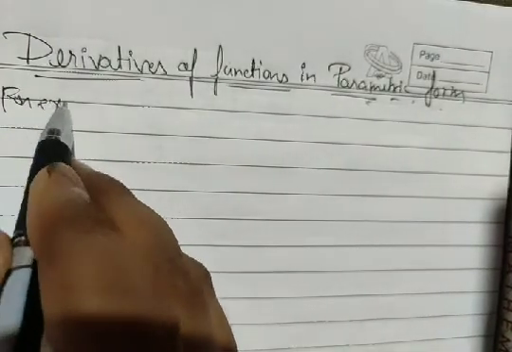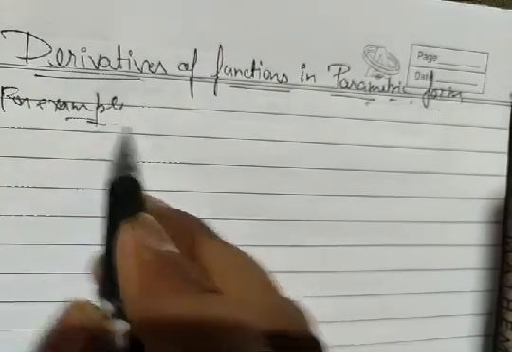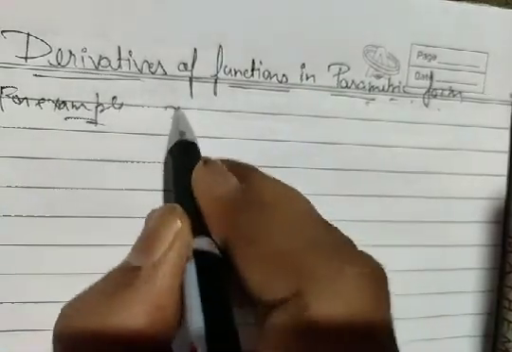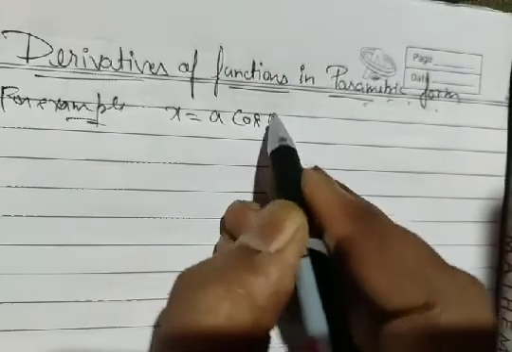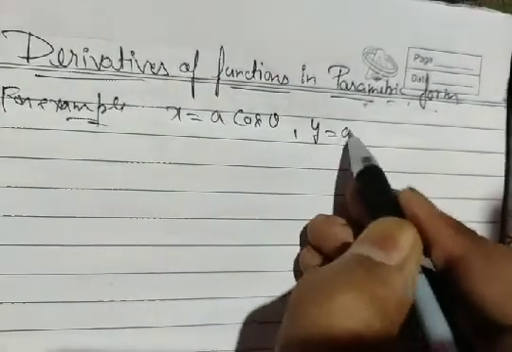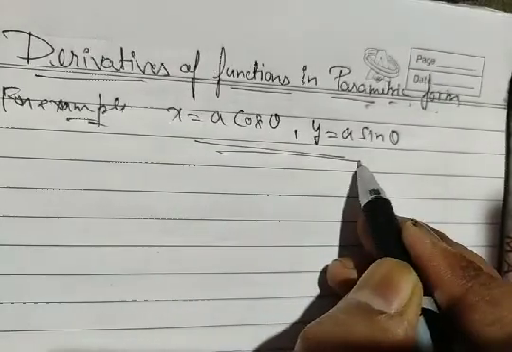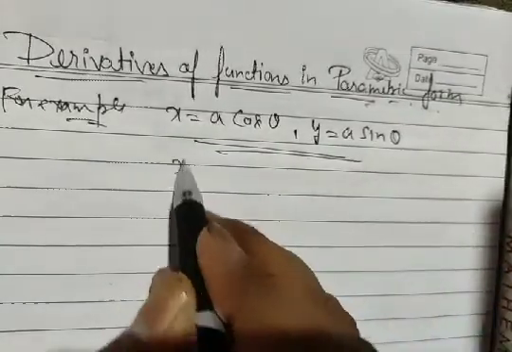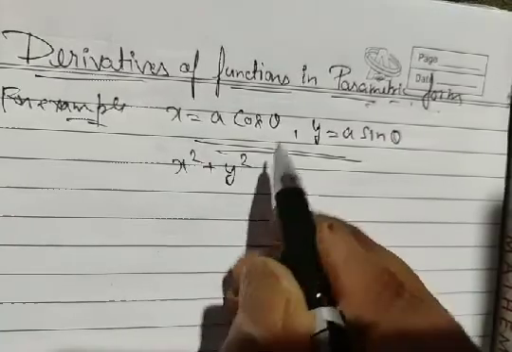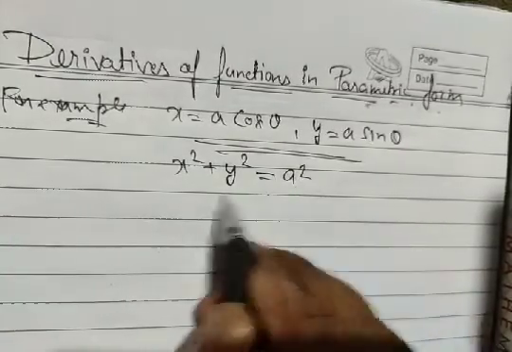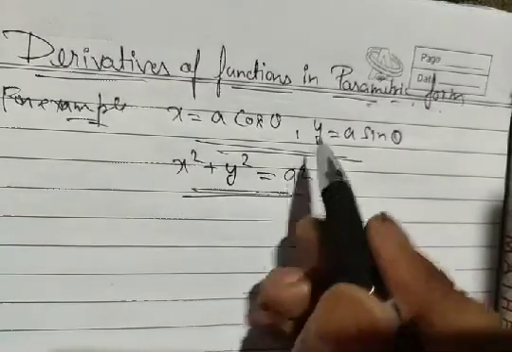For example, x equal to a cos theta and y equal to a sin theta. These are the parametric equations of the circle x square plus y square equal to a square. Here our parameter is what?